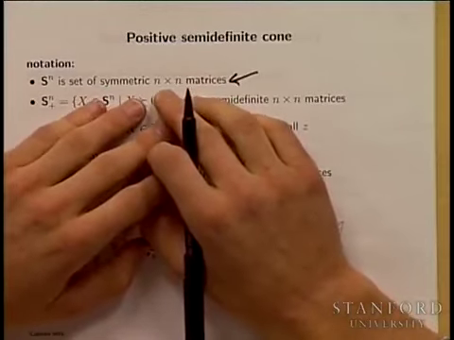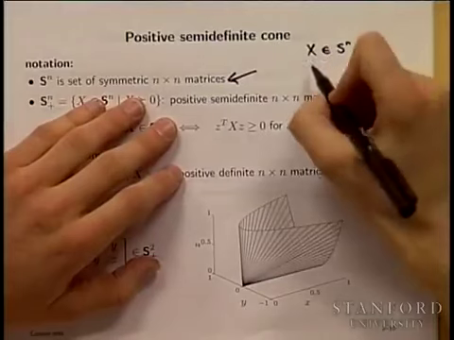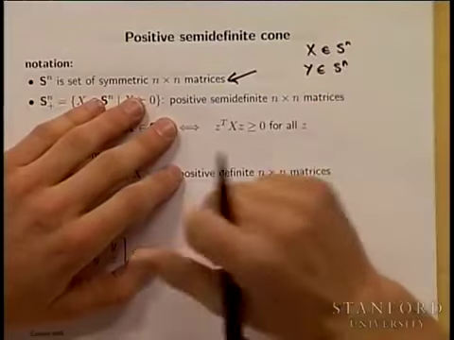How would we go about proving it? Okay, let's use the definition. So we'll pick an X, which is a symmetric matrix. We'll pick a Y, which is also a symmetric matrix.